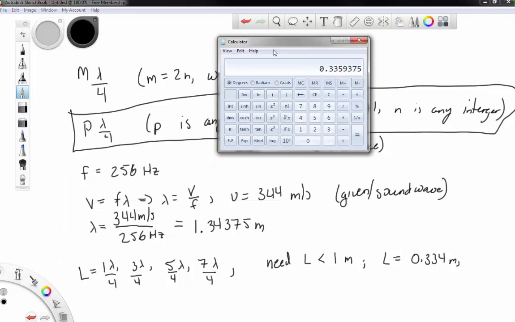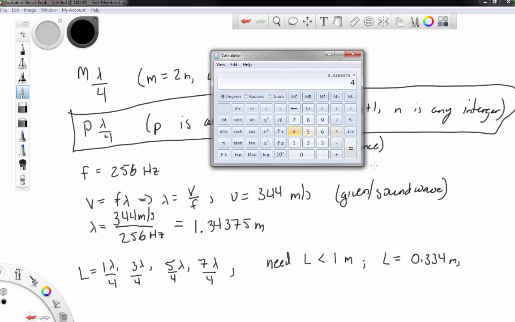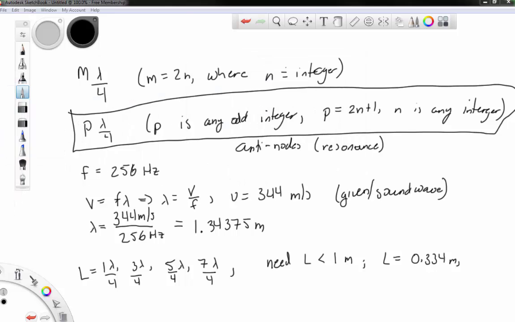Okay, the next one: go back to the number we started with, multiply this by 3, and now divide that by 4. And so the next time that resonance occurs is at 1.007 meters, which we might round to 1.008. So this would be first resonance. Second resonance is 1.008 meters.